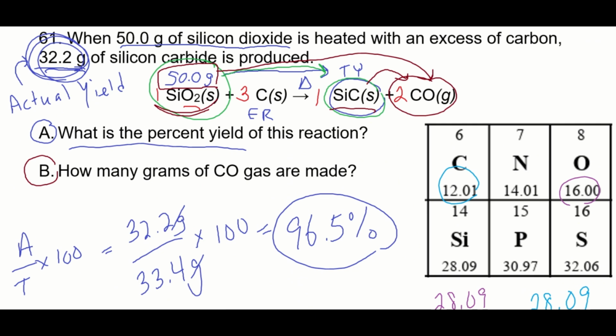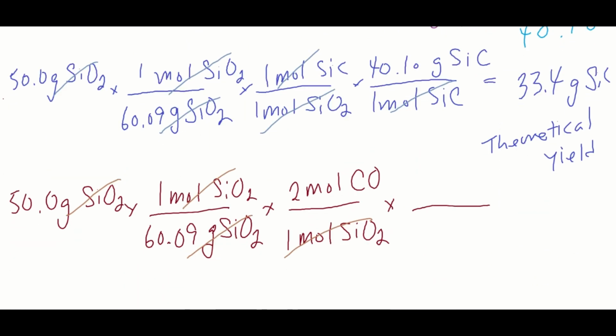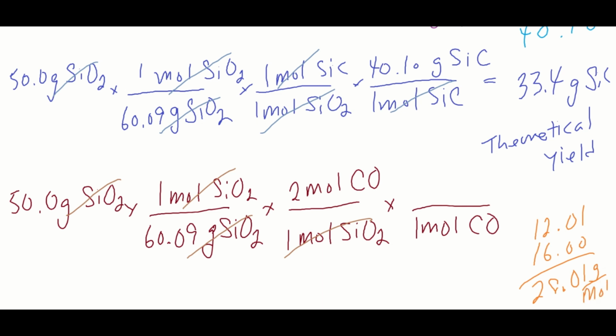It's asking us for how many grams of carbon monoxide. So the molar mass, carbon is 12.01 and oxygen is 16.00. The molar mass of carbon monoxide is 28.01 grams per mole. So that's going to be our conversion factor.